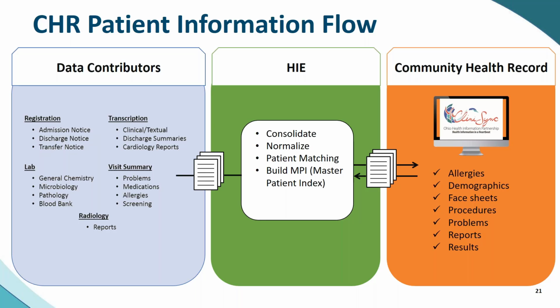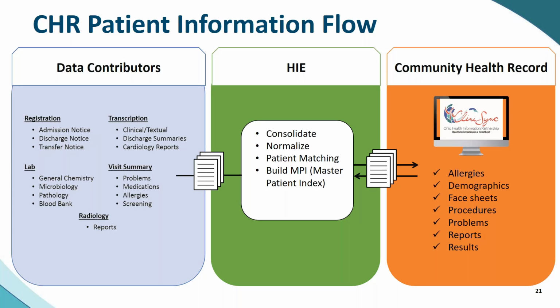This is where the real work really begins, because we have to build that master patient index. These bullets here in the middle are probably in reverse order of what they should be. We receive that ADT information so we can build a master patient index, and do all the patient matching for all of these little tidbits of information that flow in.